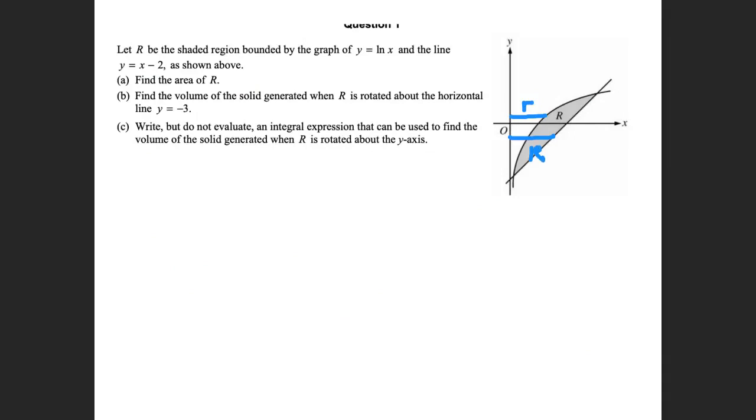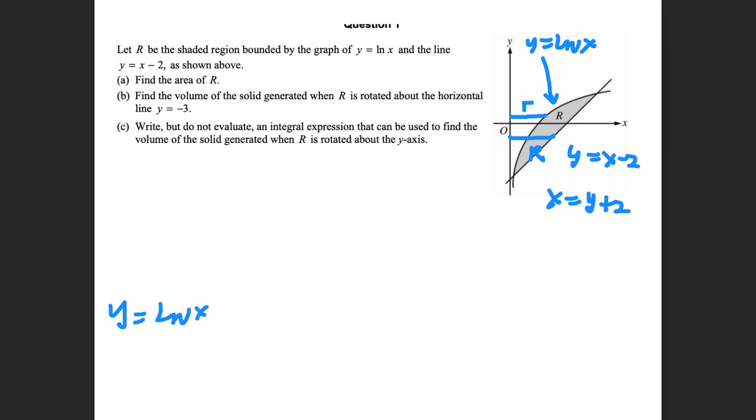The only problem is you have to rewrite the equation. So this equation here was y is equal to x minus 2. That one's pretty easy to rewrite. It's going to be x equals y plus 2. Now this one over here, this equation was y is equal to natural log of x. Well, a lot of students don't know how to rewrite this as x equals.